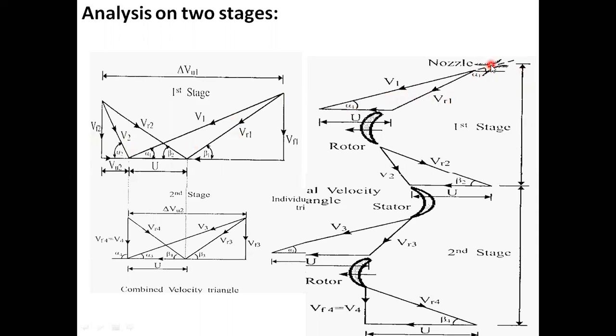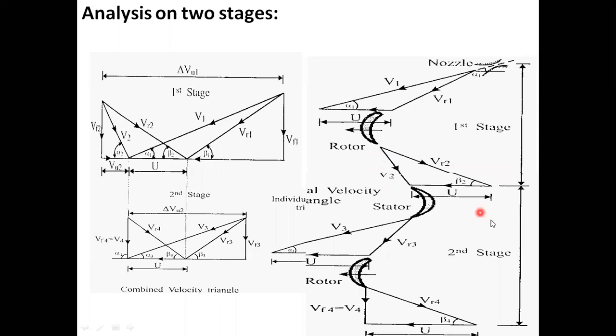Now see here, steam coming from the nozzle at velocity V1 makes an angle to the horizontal line of alpha 1. This is VR1. This is your rotor blade. Steam passes on this blade and leaves at velocity VR2.